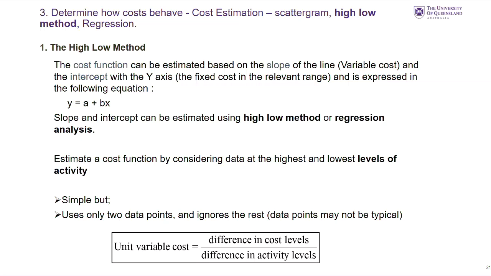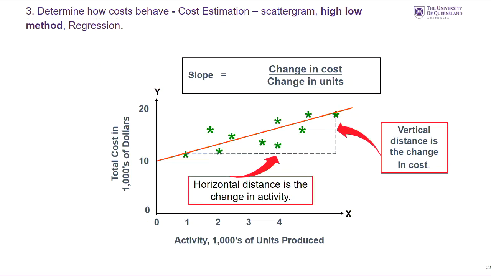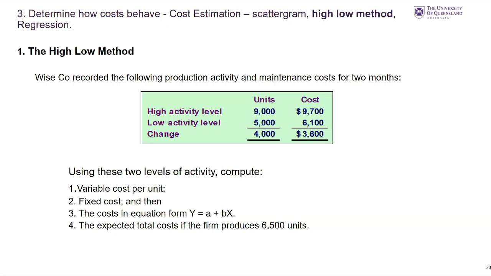So B is the slope of the line, so that's the difference in costs, the difference in Y, over the difference in X, the activity level. So we're trying to calculate this slope by taking the difference in costs and dividing it by the difference in activity, or the change. Simple? Okay, so an example, they give you the highest and lowest level of activity and they've calculated the change for you.